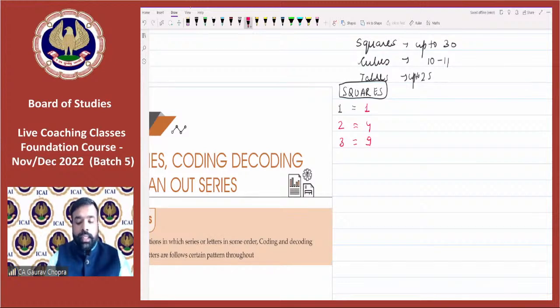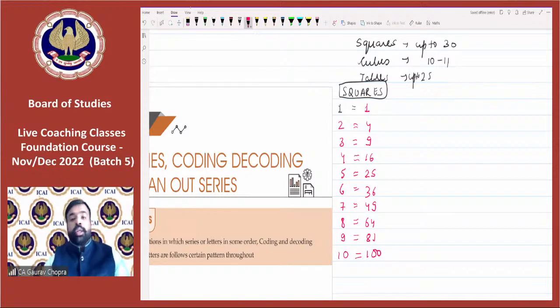Square of 3 is 9. 4 square is 16. 5 square is 25. 6 square is 36. 7 square is 49. 8 square 64. 9 square 81. 10 square is 100. So these are the very basic, and I think all of you have remembered all these squares.